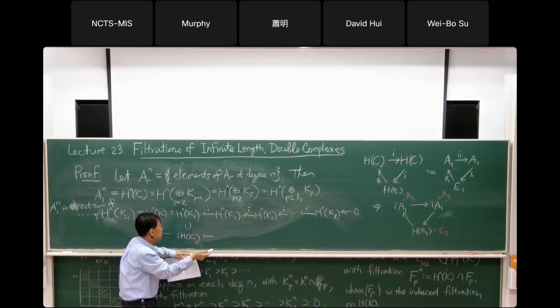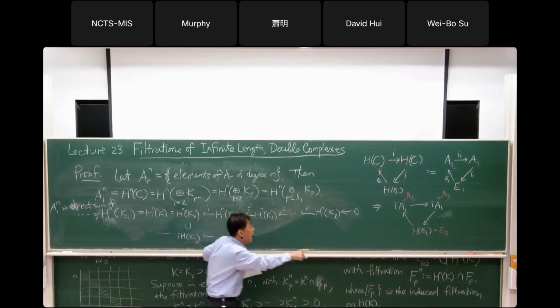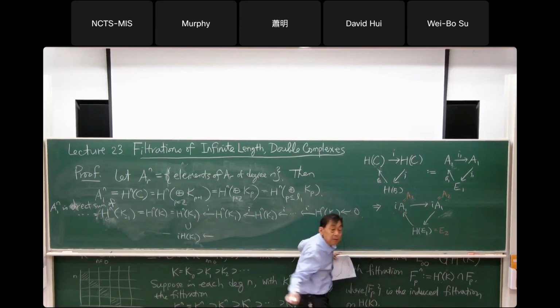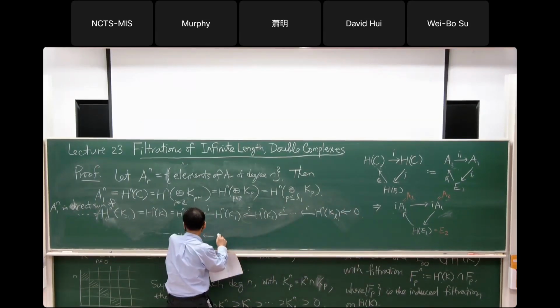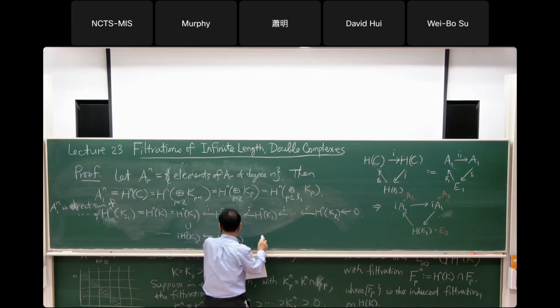Now to get A2, you just take I of everything in A1. So you have I of H^n(K^2), and that's in there. And then I of H^n(K^3), and that's in there.